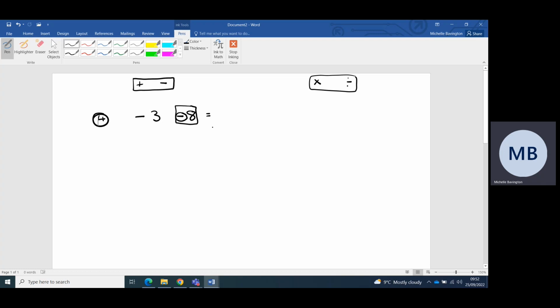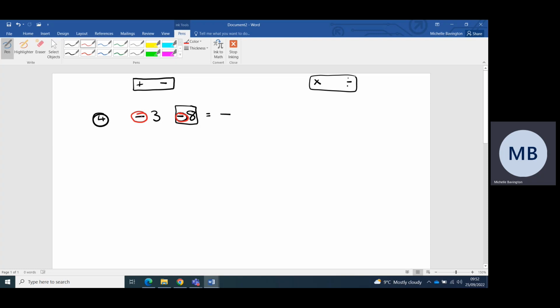So highest number is your sign. So minus, we know it's minus.